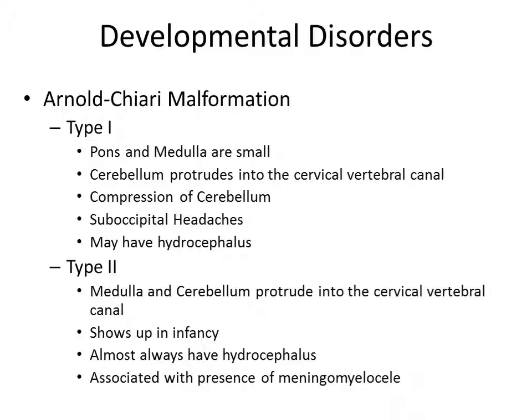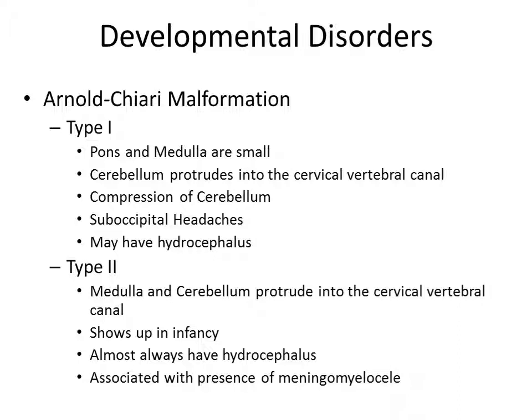Type 1 is where the individual has a small pons and medulla oblongata. Because they are smaller than normal, the cerebellum is able to protrude down through the foramen magnum into the vertebral canal. This results in compression of the cerebellum.